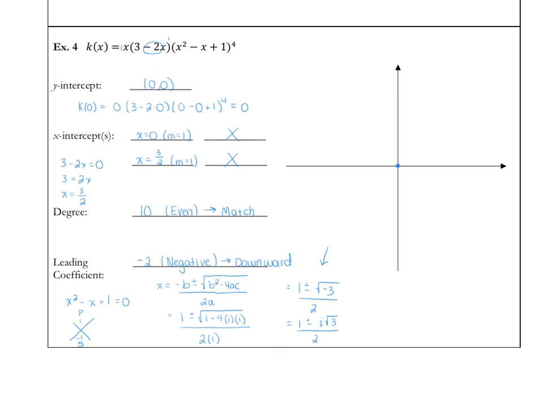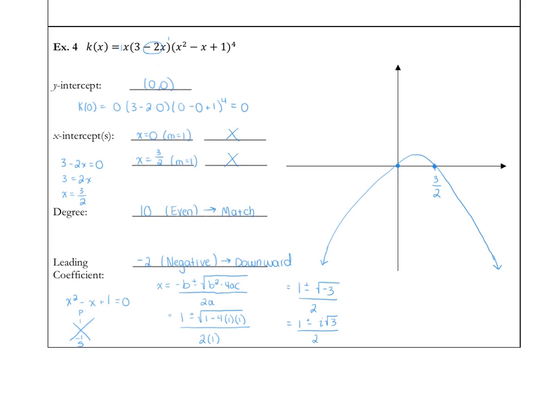Both arrows pointing down. I also have an x-intercept at 3/2. And each of them has a multiplicity 1, so I'm just going to go straight through. All right, and then come down and go straight through the other one. And, perhaps the actual graph looks a little prettier than what I have drawn, but this will do.